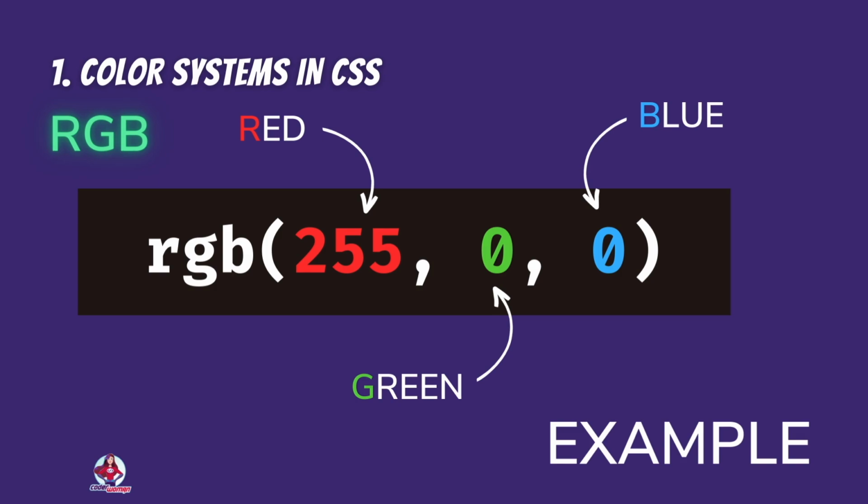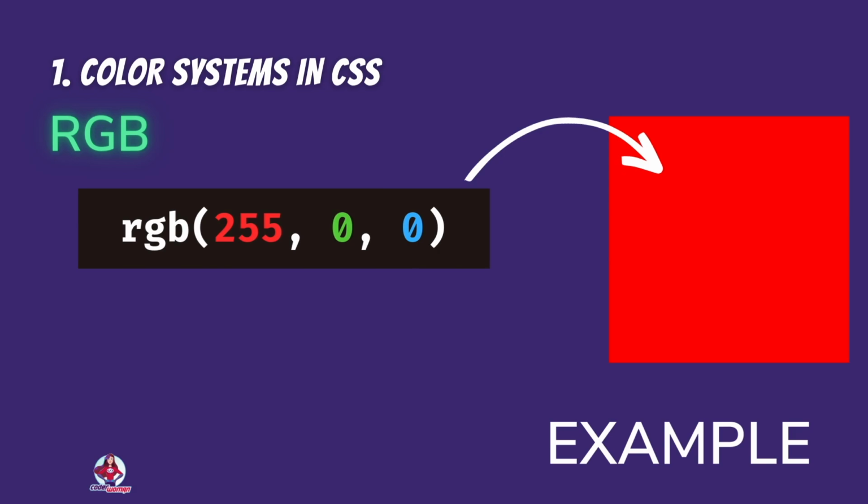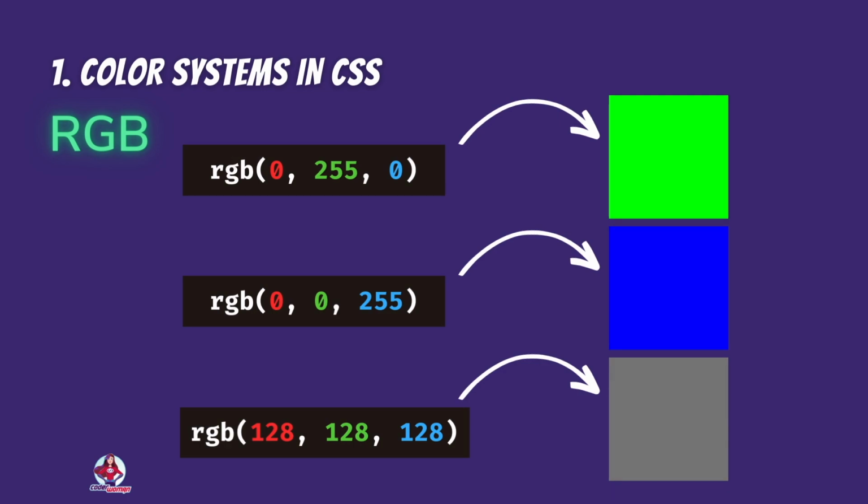For example, let's create the color red. This is like saying mix 100% red, 0% green, and 0% blue. If you want to create different colors, just adjust the values. For example, to create green, blue, and gray colors, we should mix them like this.